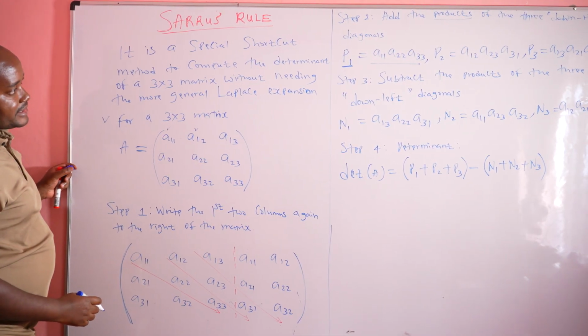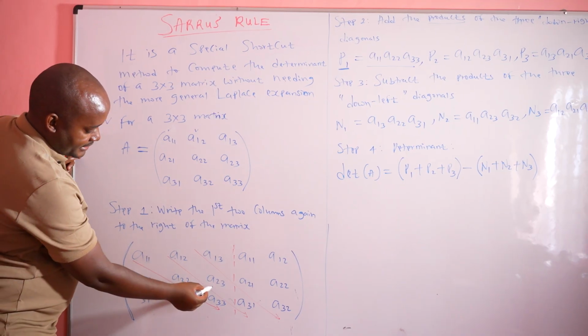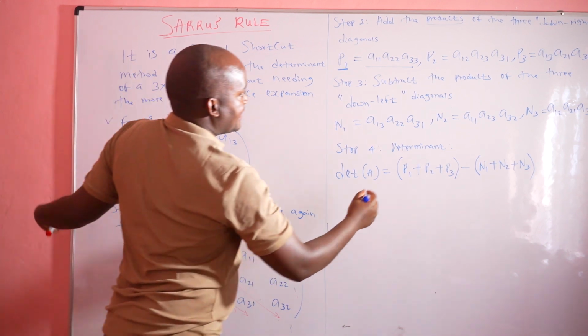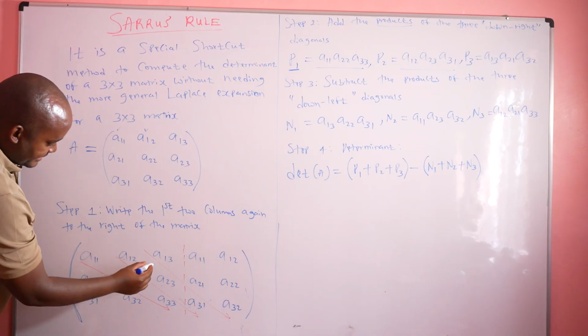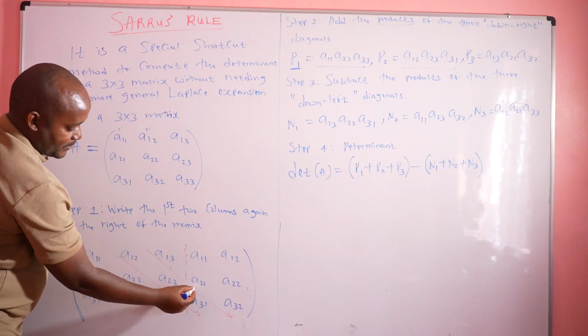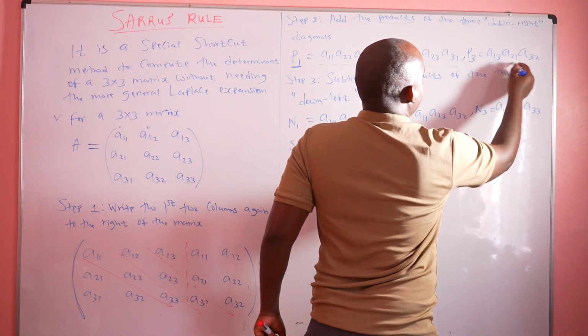The second product, P2, is A12 times A23 times A31, which is exactly what is given here. And the third product is this times this times this, which is A13 times A21 times A32. That is what is given here.